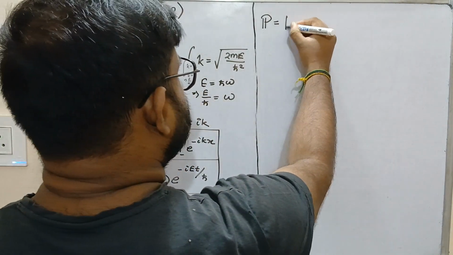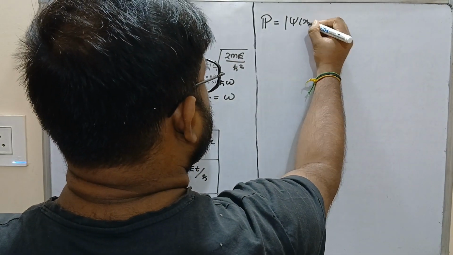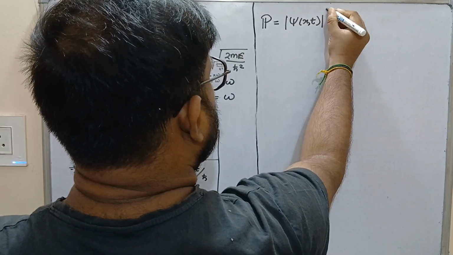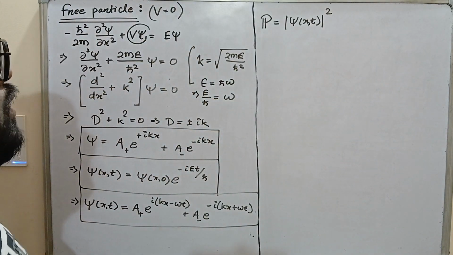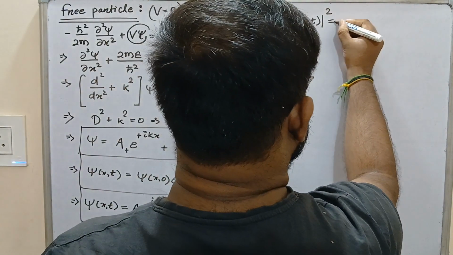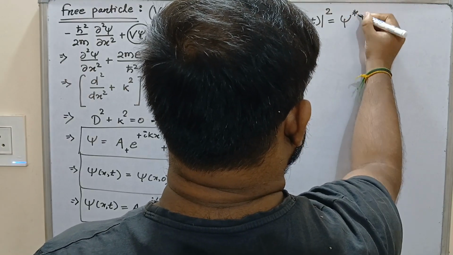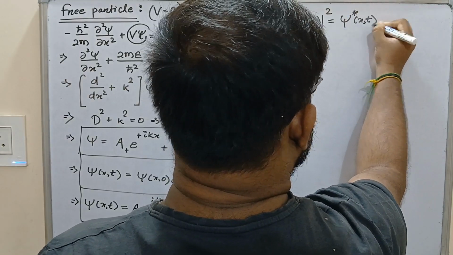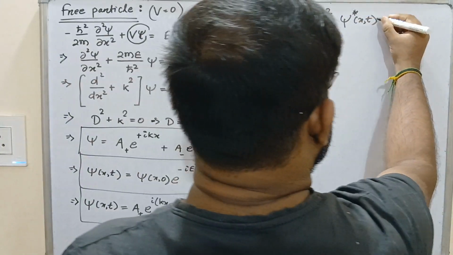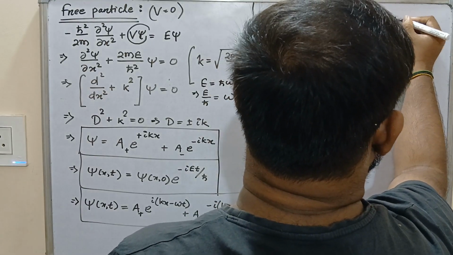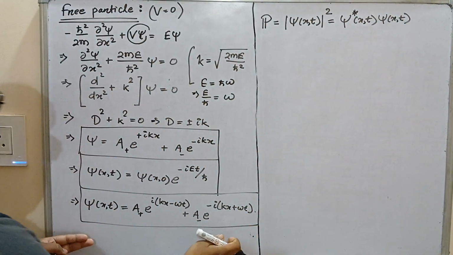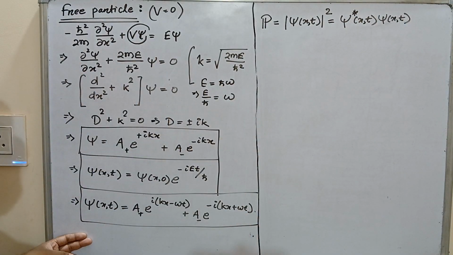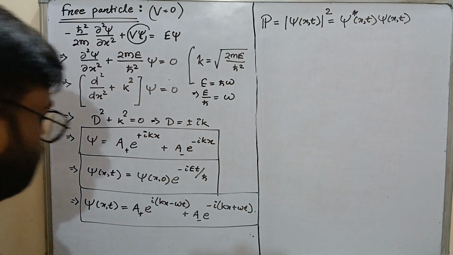Probability density of the system can be calculated by taking psi star, that is the complex conjugate of psi, and multiplying it with psi. This is your psi, you have to take its complex conjugate, and then you have to multiply it.